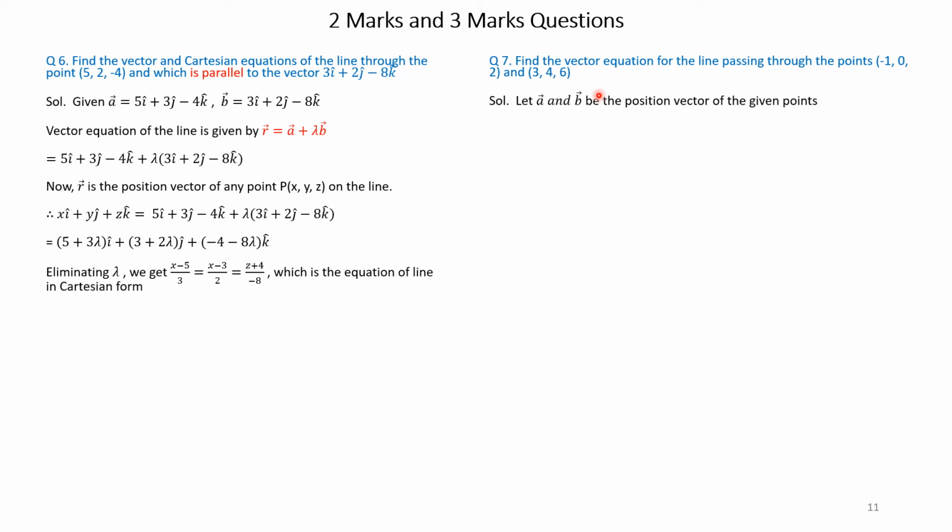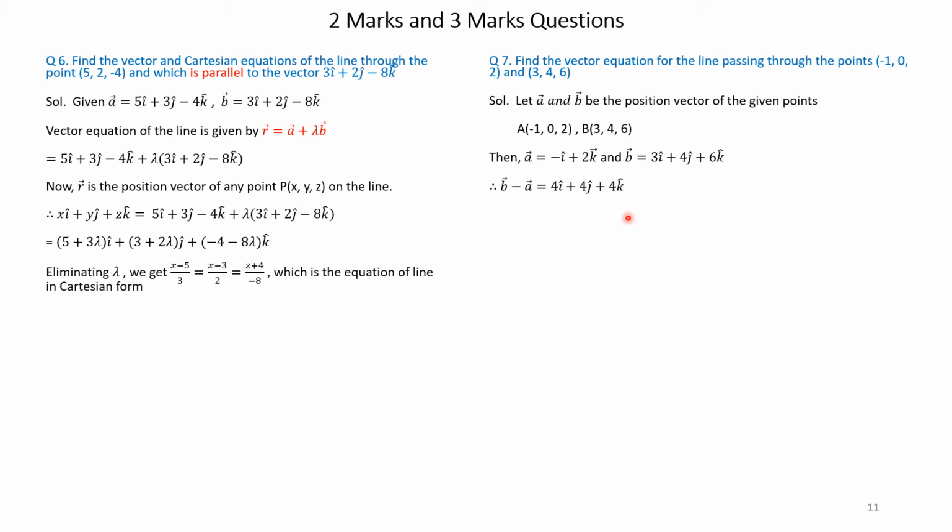Let a and b be the two position vectors of the given points. Therefore, a is equal to minus i plus 0j plus 2k and b is equal to 3i plus 4j plus 6k.